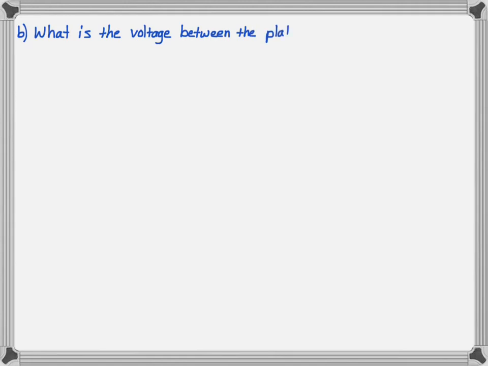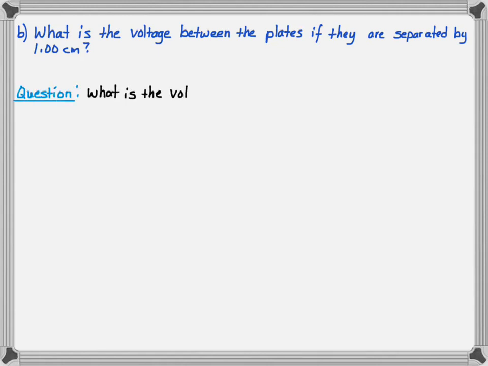For part B, the question is, what is the voltage between the plates if they're separated by 1 centimeter? Remember, voltage is delta V. The concept I'm going to use is potential difference.